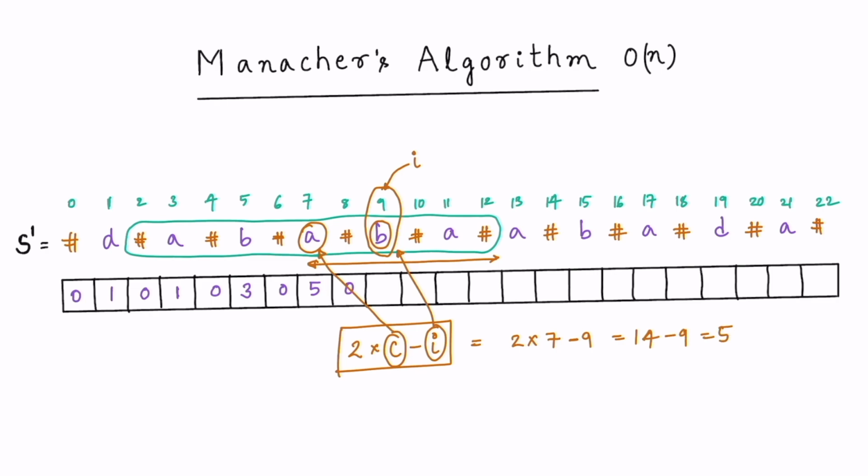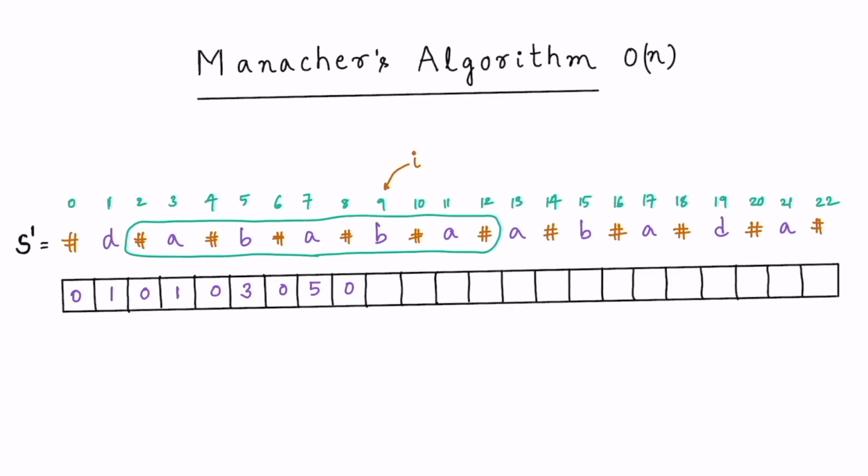So the mirror of the current character B at index 9 is at index 5 on the left half. And the corresponding value of that mirror character B in the table is 3. That means the longest palindrome that we could form with the mirror B as the center character has 3 characters to the right and 3 characters to the left.